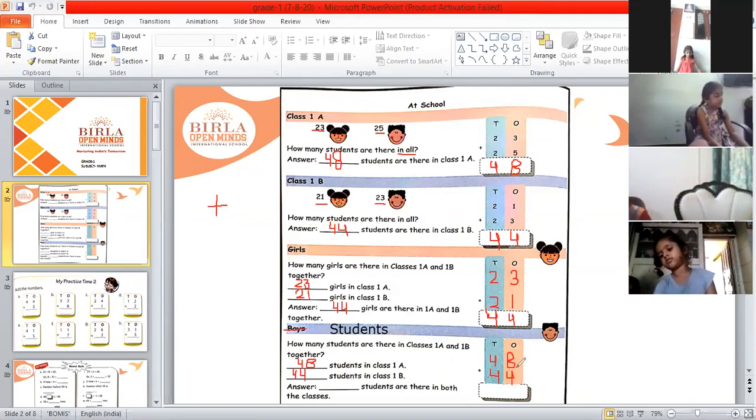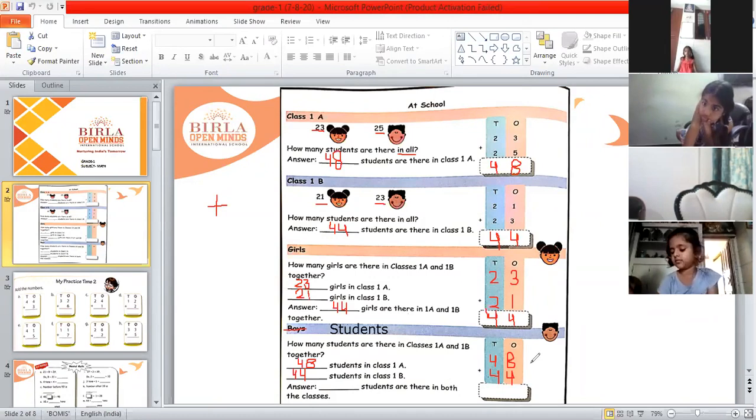Down number is 4 and your first number is 8. So take out 4 fingers and start counting after 8. After 8, you will get 9, 10, 11 and 12. So 8 plus 4 is how much, children? 8 plus 4 is 12.